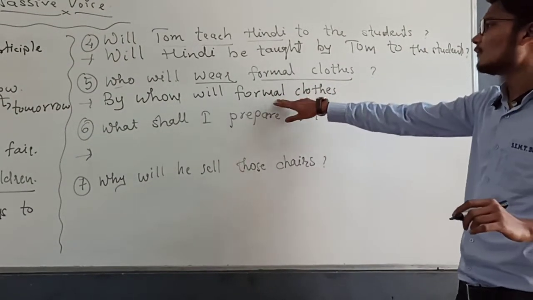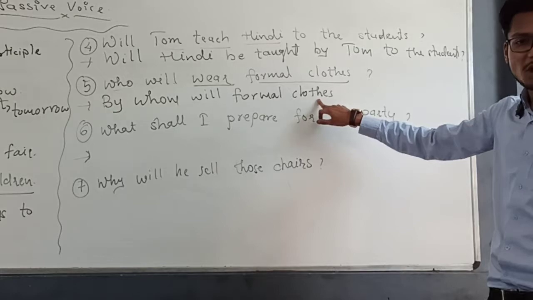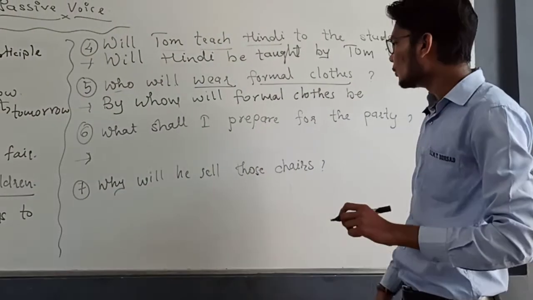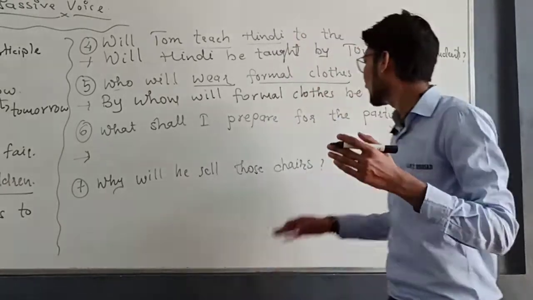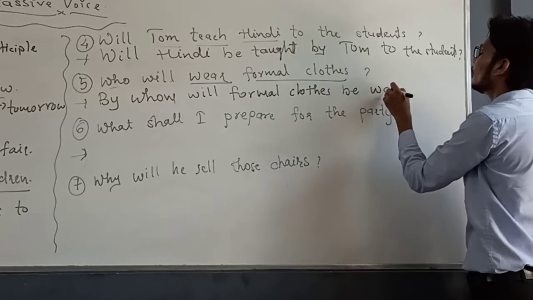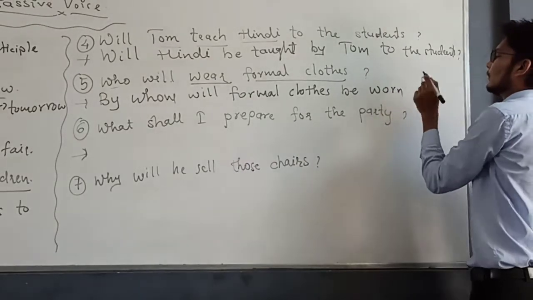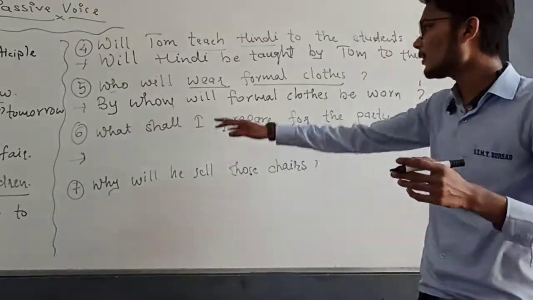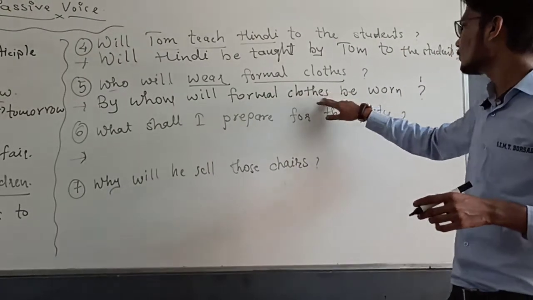By whom will formal clothes. After the object, you have to add "be". By whom will formal clothes be. The past participle of wear is worn. And at last, put the question mark. By whom will formal clothes be worn?